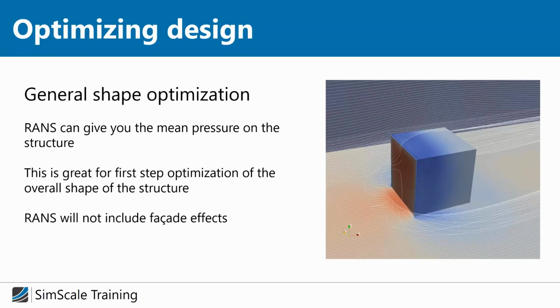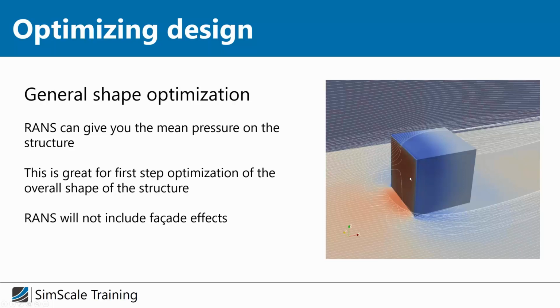If you use RANS models, which are the easiest models that Milad explained before, where you don't model the turbulence, there you can have the mean pressure around your structure, and that will give you a good indication of how changes in your shapes affect your wind load, and that would be the first step in optimizing a building.